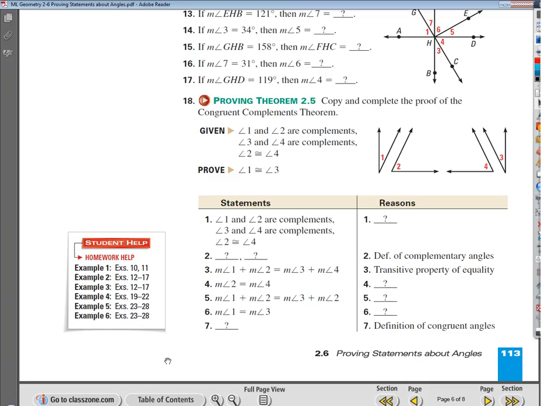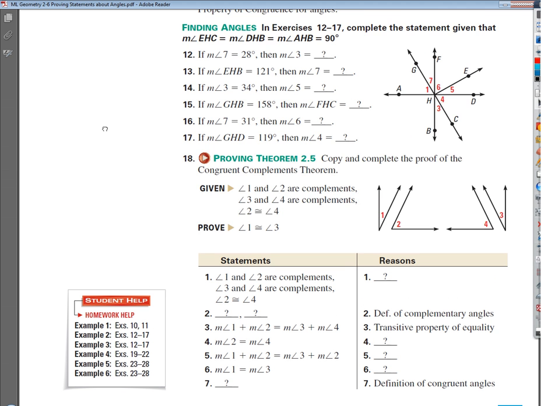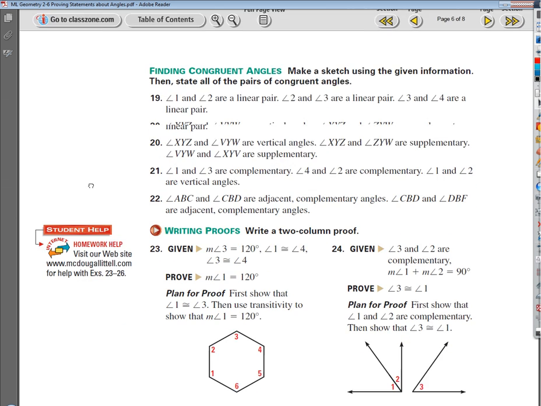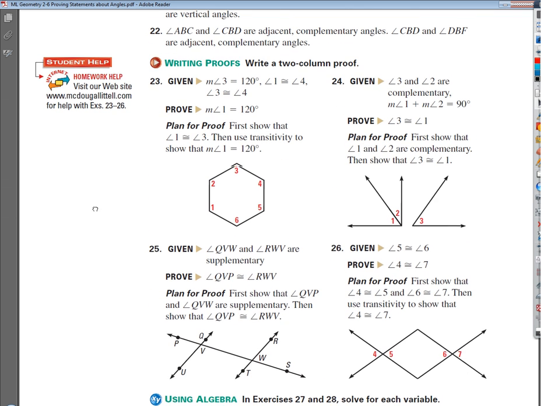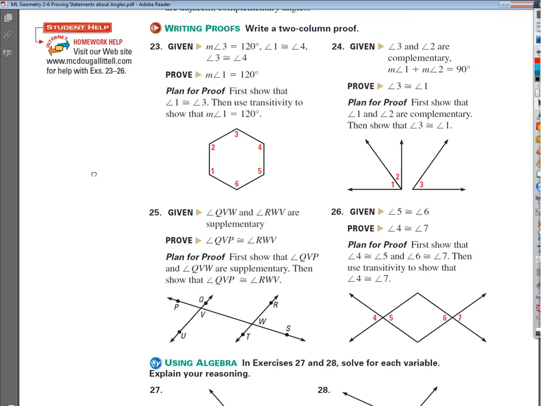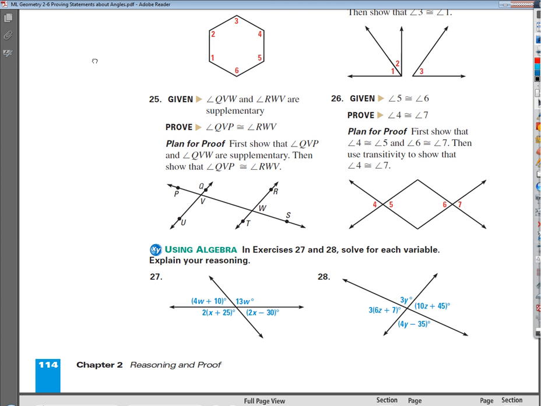Okay, anything else on 2.6? 25, I think, might not be 25. We went through those. It wasn't 25, it was another problem. I don't know which problem. Oh, it was like 28.